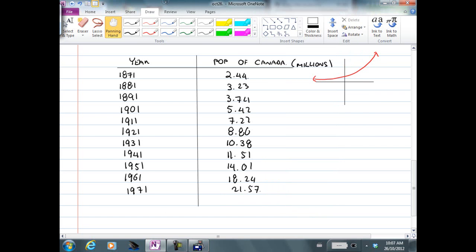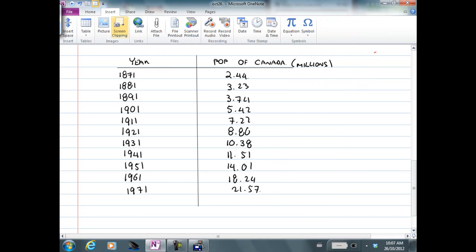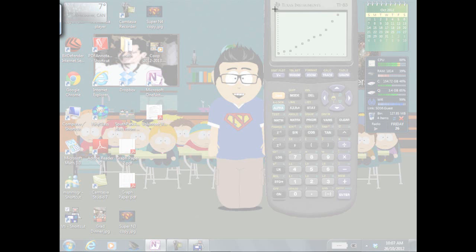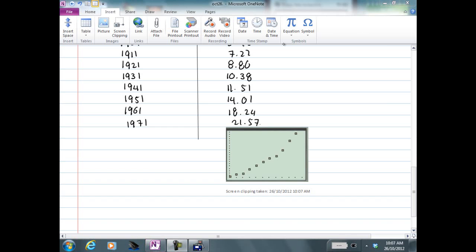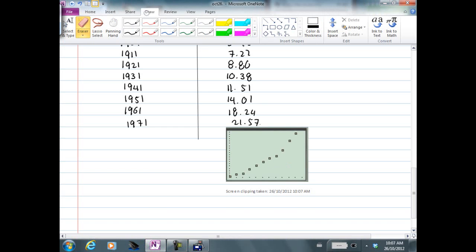So what you're going to do now is you come up with an equation for the graph. There's my graph. If I were to draw a line that best fits, it looks like an exponential graph right there. Okay. A nice curve like that.